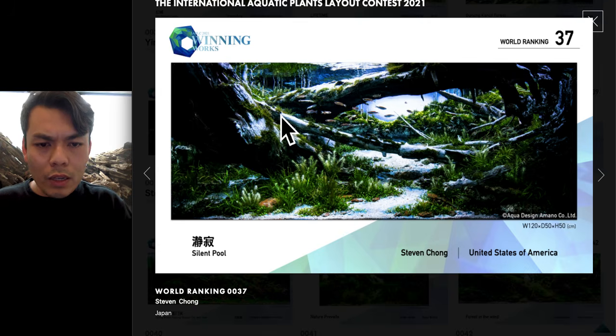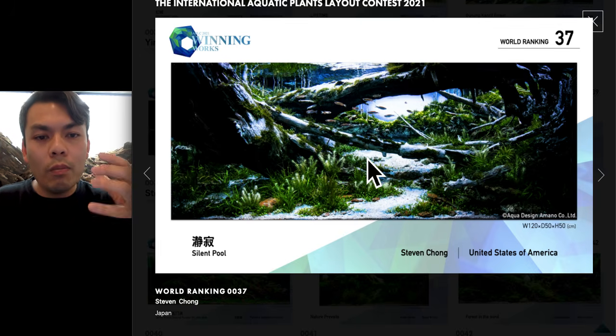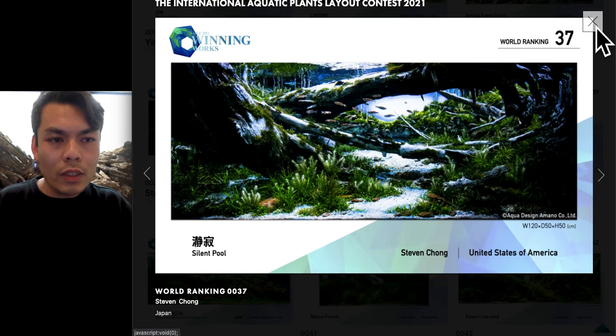So really pulling back that planting, this is something reminiscent of Stephen's scapes, is that the planting isn't exactly packed to the brim, but again, the combination of hardscape, of materials and path lines and fish, of course, create a beautiful impression. So well done, Stephen.